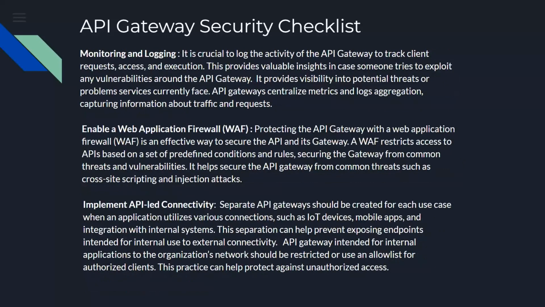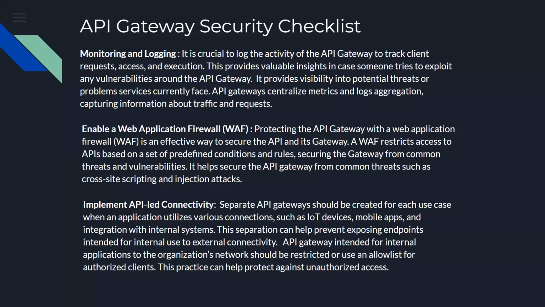Then monitoring and logging. It's crucial to log the activities of an API to track client requests. With the API gateway, it monitors and tracks every activity of the API, all calls, no matter the number of calls that are executed on an API. The API gateway monitors and logs them.